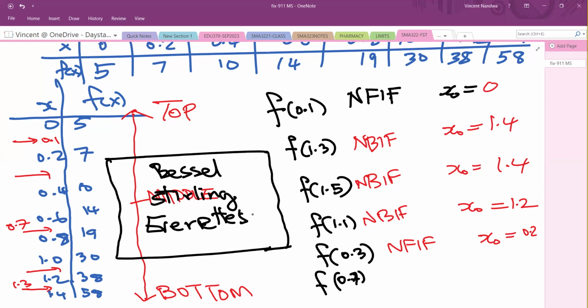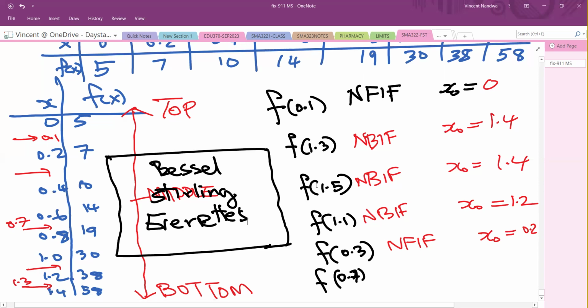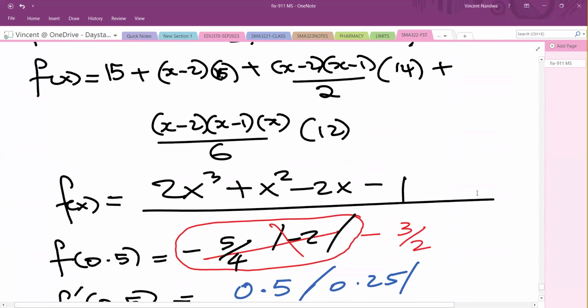And then sometimes from the problem itself, you will be able to find the actual interpolating polynomial or function. But in some cases, the interpolating polynomial is not necessarily important.